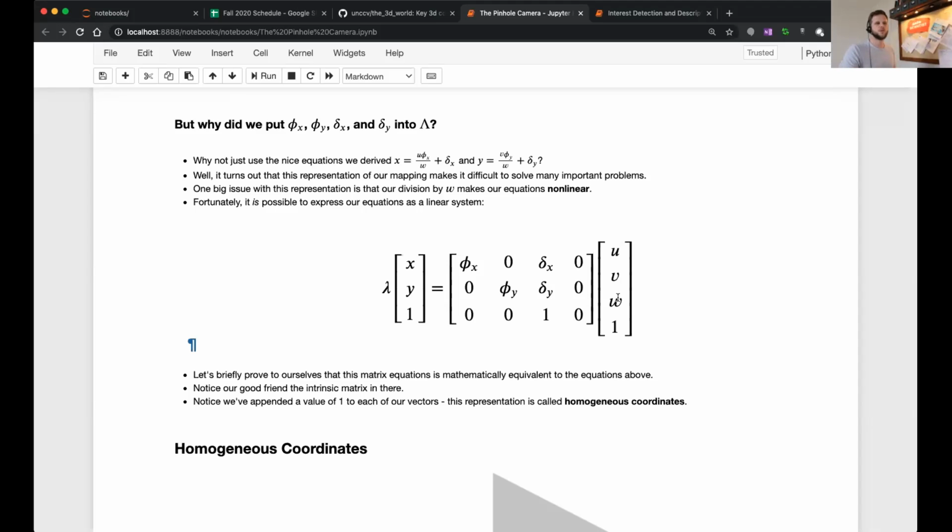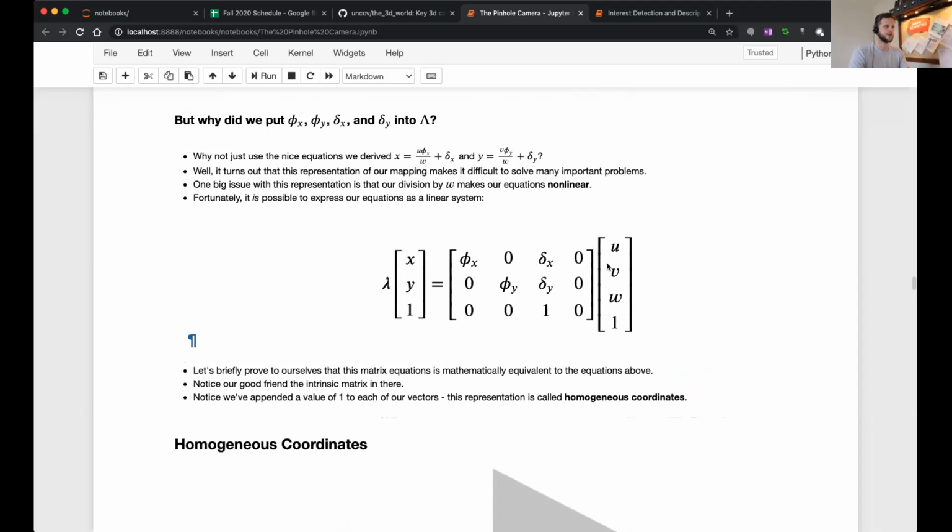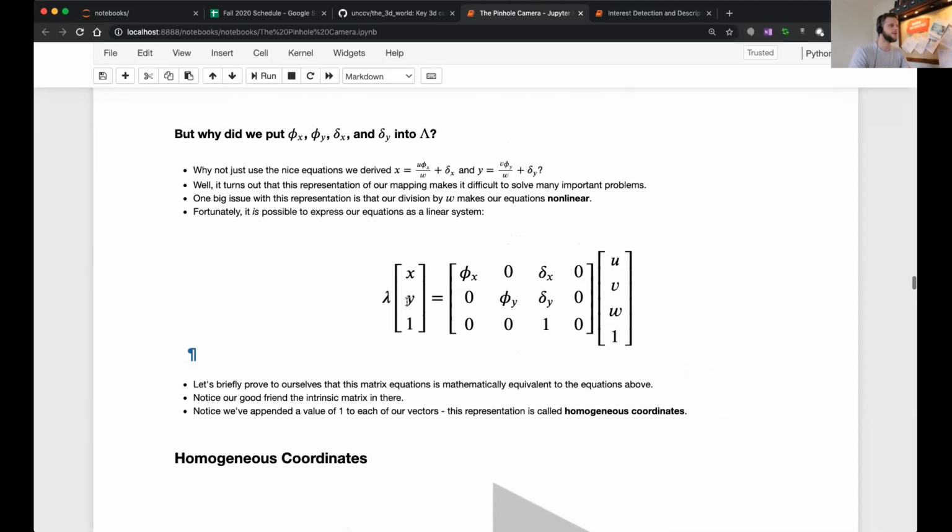Yeah, it's the world coordinates, the location of the point in world space. Remember, we said the origin is going to be the center of our camera, and this is the location of the point in world space relative to that origin. And what are x and y again? Yeah, image coordinates, great.